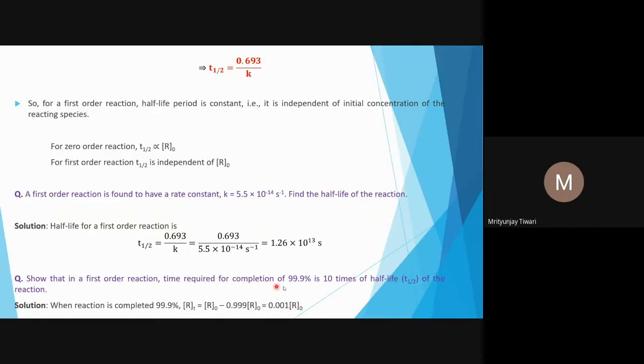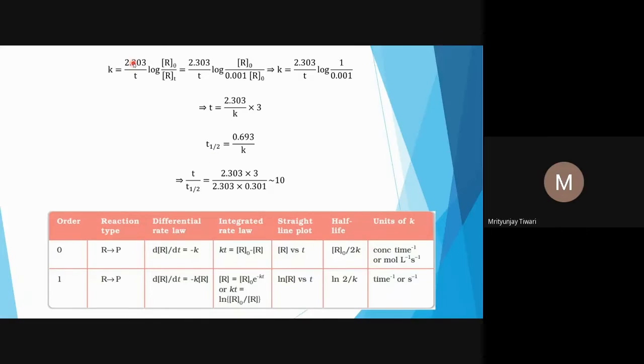In this expression one can put the values. The time we do not know; we have to obtain it. The time required, t, is 10 times the t half. This is what we have to prove. The value of K is also not known to us, but we can obtain the value of t in terms of K, and this value of K will be constant for the reaction.